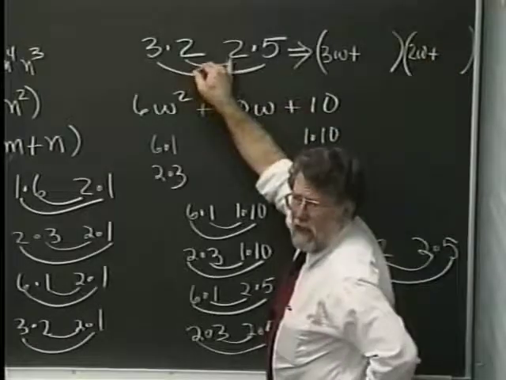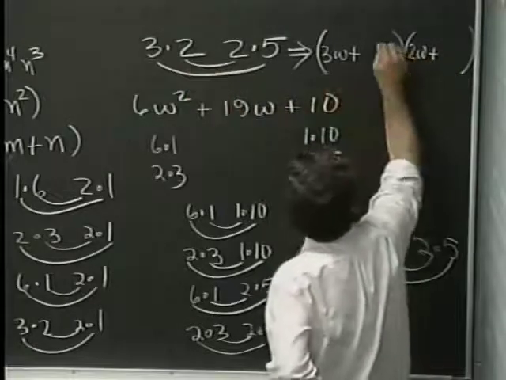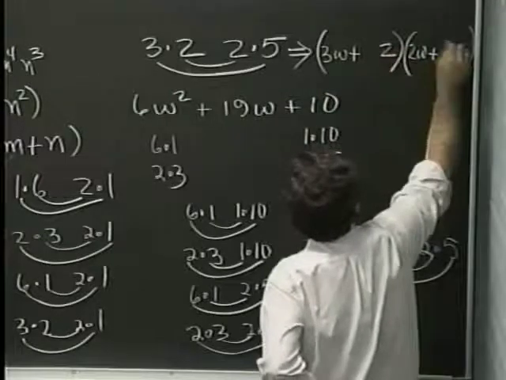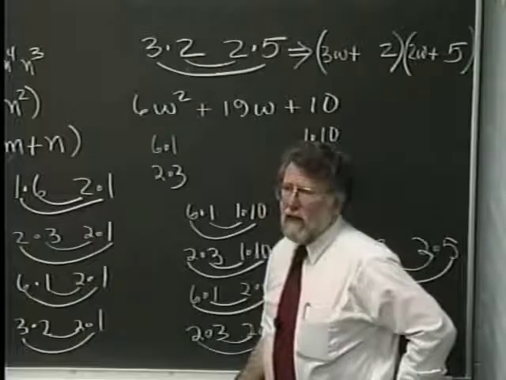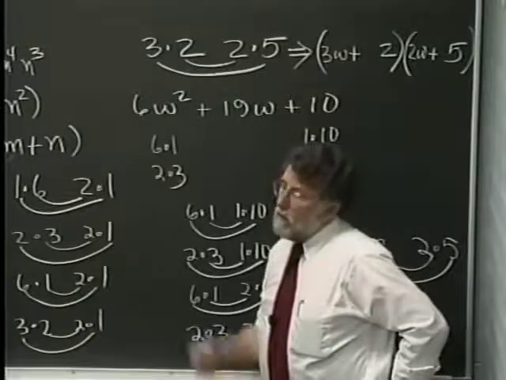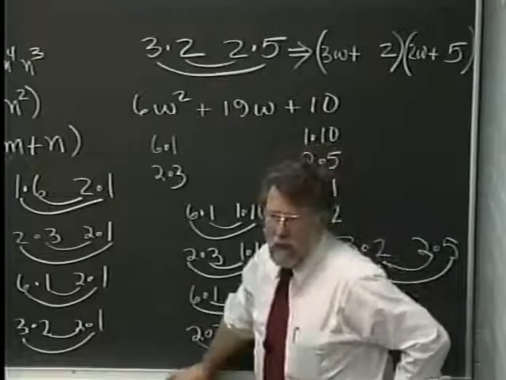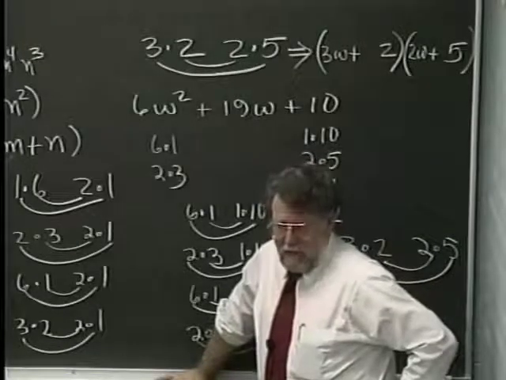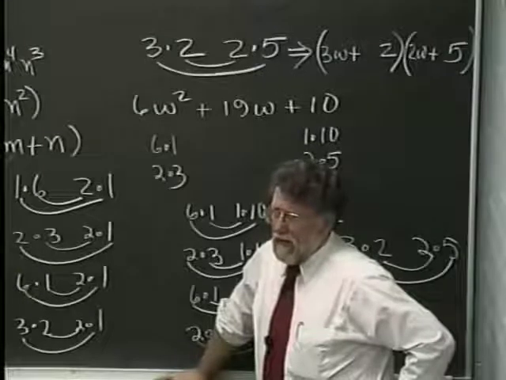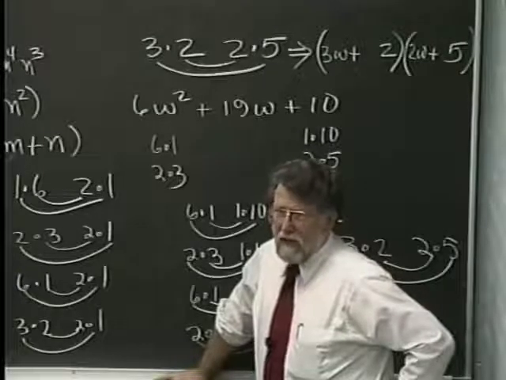We said the 2's multiply together, and so that tells me the 2 has to go here, and the 5 has to go there. So it tells me how to arrange them. I'm done. What's the last step I want you to do? Multiply the binomials together in your head, convincing yourself that you have a right answer.